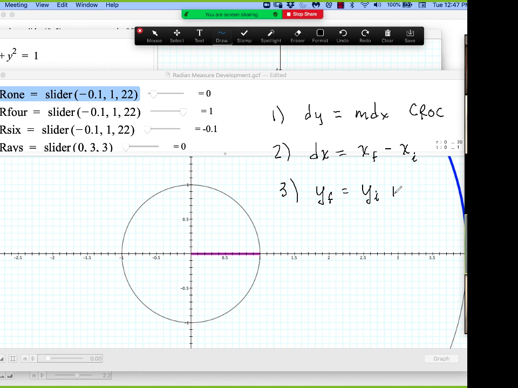Right, remember this? And we had said before that these are the 3 most important building blocks of calculus. These 3 little ideas right here.